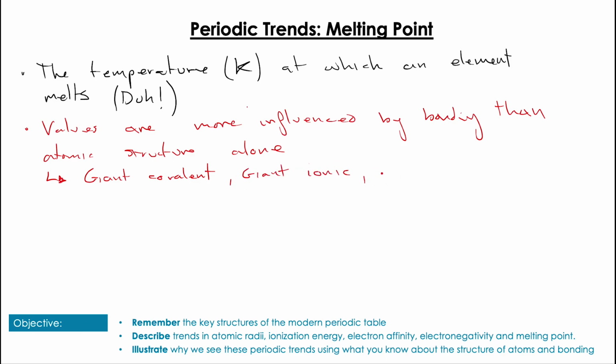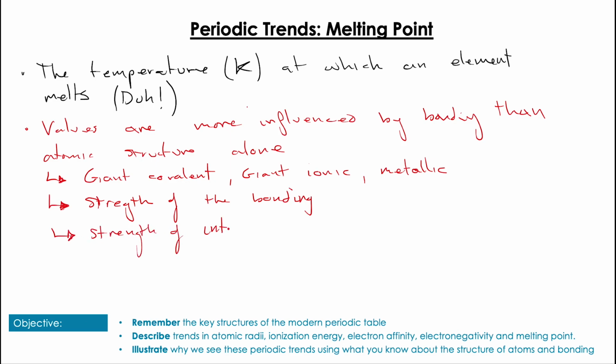And although there are some trends within those in the periodic table, they're not completely reliable because different elements bond in different ways. So the strength of the bonding, the number of other atoms it's bonded to, the type of bonding, strength of intermolecular forces for our simple covalent compounds is also really important.